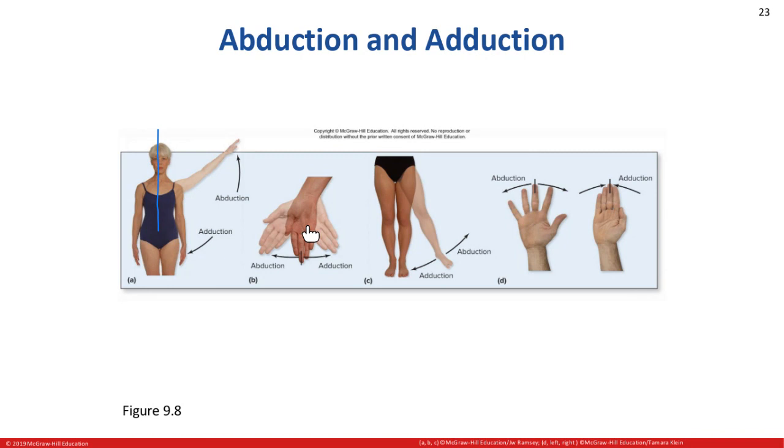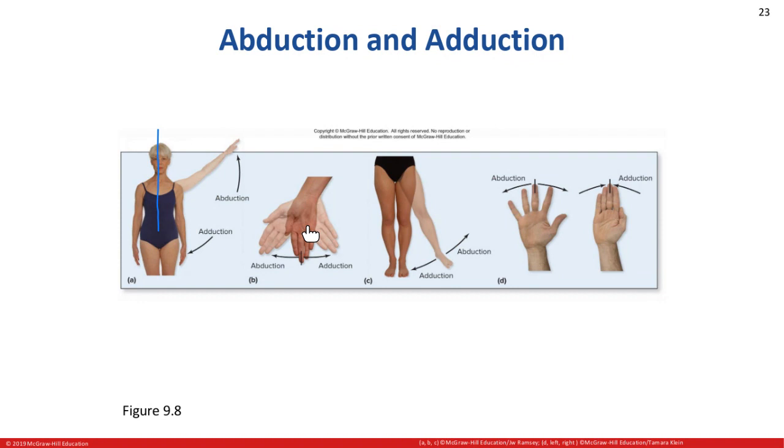Because my midline is still my vertebrae. So even though I'm in the anatomical position and I bring my hands away, my midline is here, I'm moving it away from the midline, that's abduction. When I bring it towards my hips, that's adduction.